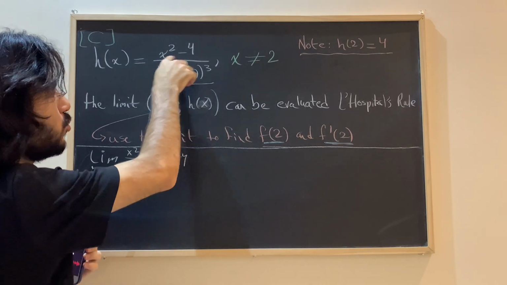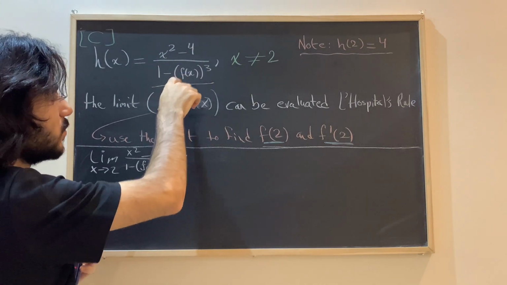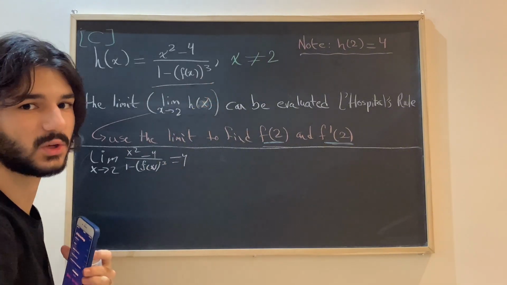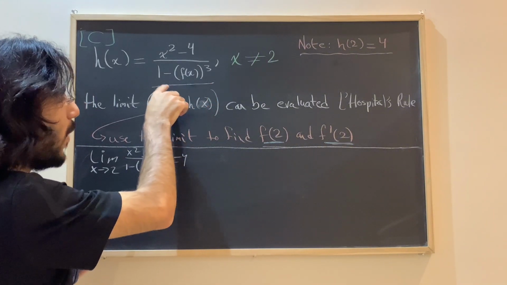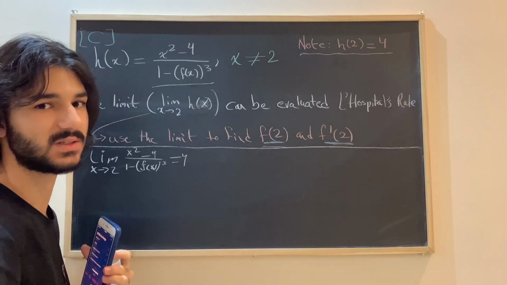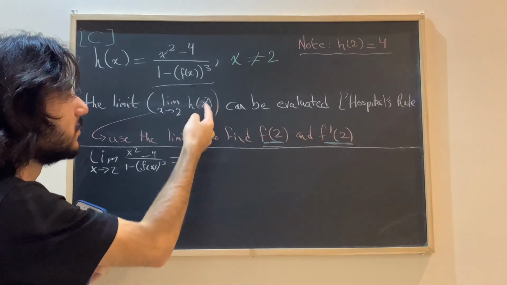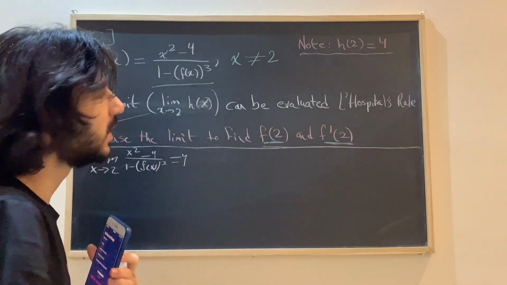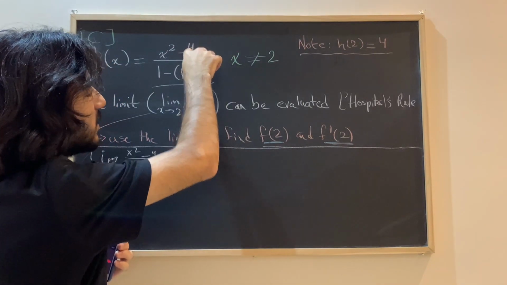If we plug in 2, we're going to get 0 in the numerator. And what gives us 0 in the denominator? 1 minus what gives us 0? 1, because 1 cubed is 1 and 1 minus 1 is 0. So this will come out to an indeterminate form.